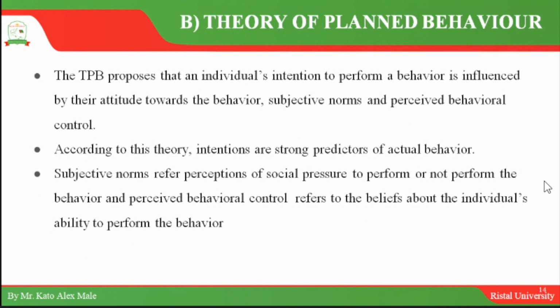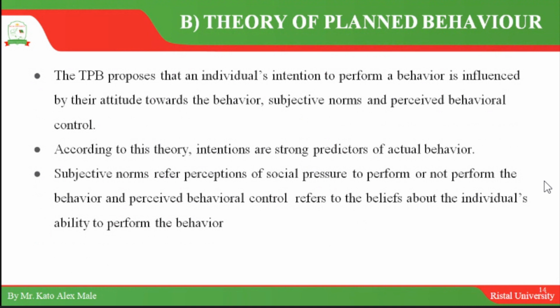So the attitude towards what you're telling them to do is what is emphasized in the theory of planned behavior. Then subjective norms and perceived behavioral control. According to this theory, intentions are stronger predictors of actual behavior. Intentions, what they are willing to achieve, the goals.